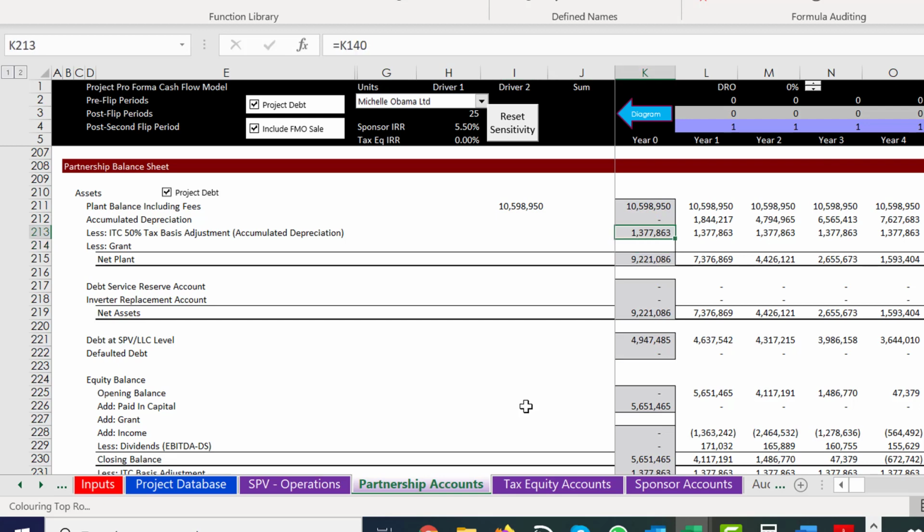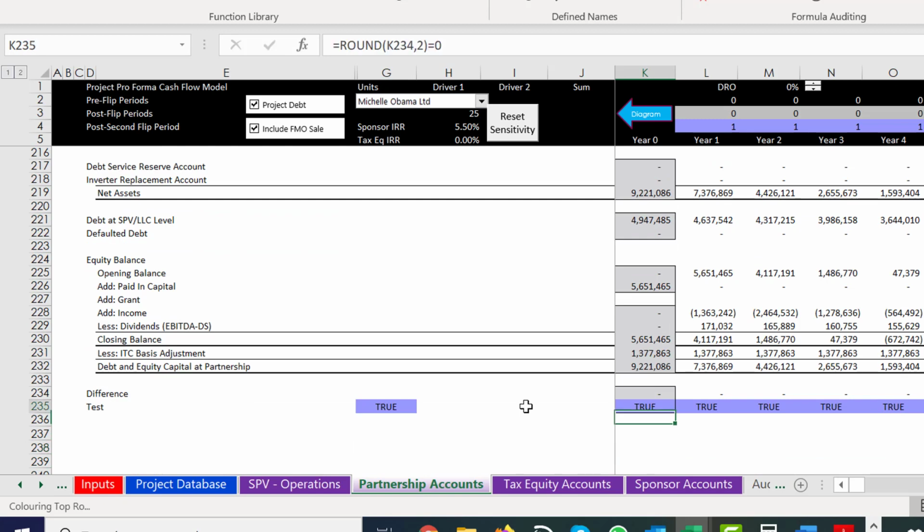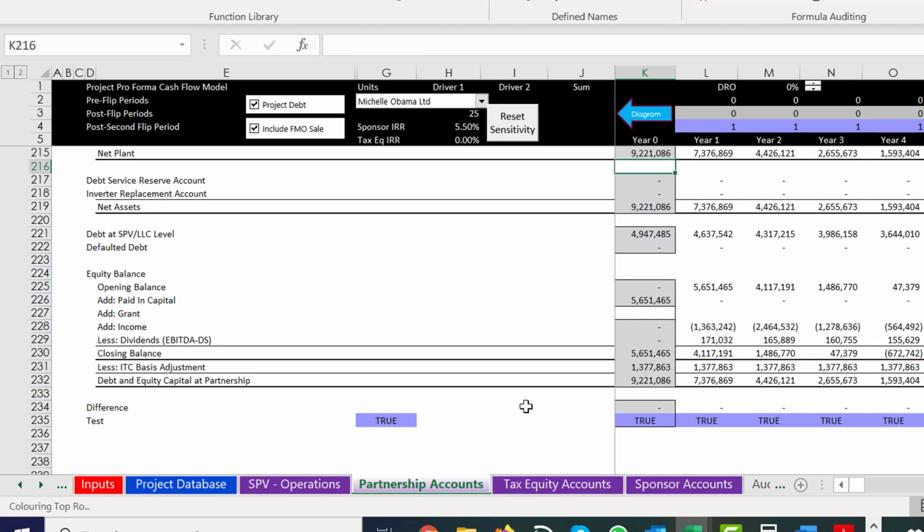This 50% tax basis adjustment was completely driving me crazy. We take it out of the assets, and then when we reconcile it, we call it basically a one-time depreciation to reduce the asset basis. So if we include this in accumulated depreciation, it'll all work out. And then our balance sheet balances. And the debt, as always, just comes from upstairs.